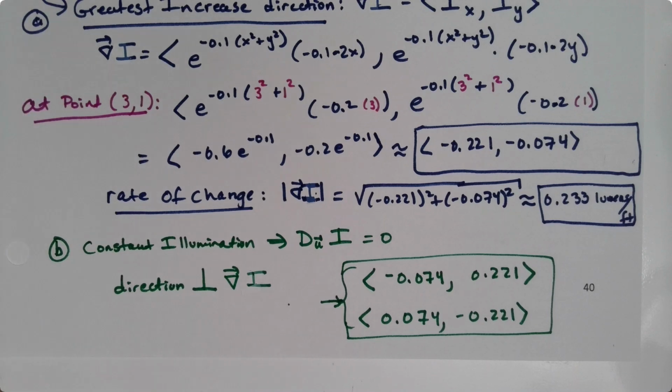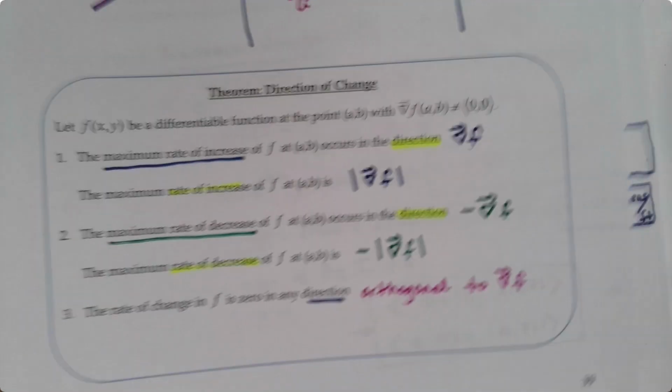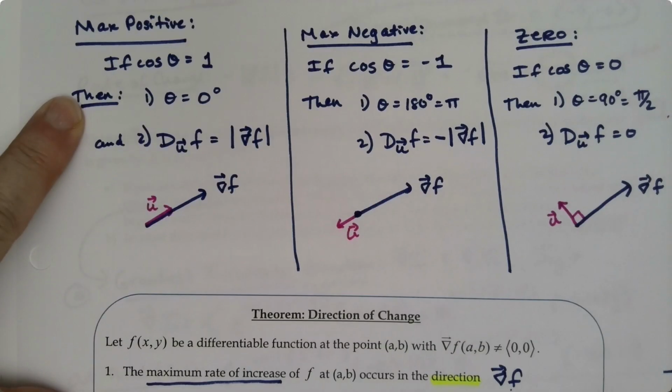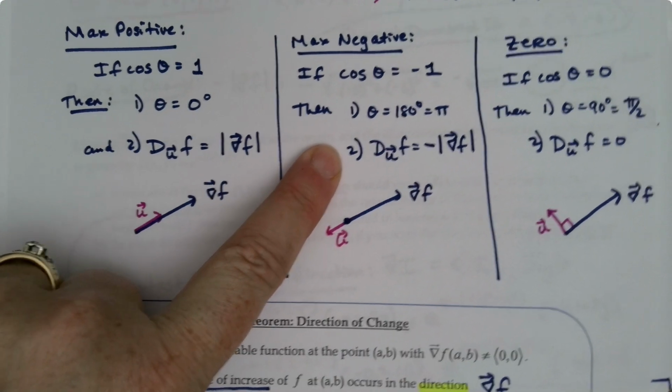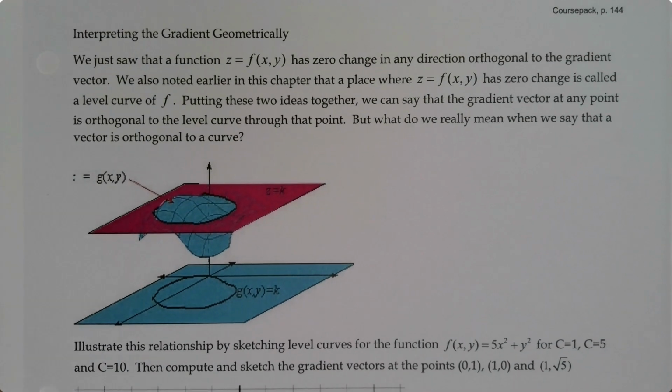All right, so we've seen that the gradient can be interpreted as directions of change, right? So the gradient always points in the direction of the biggest positive change. The negative gradient points in the direction of the biggest negative change. The other way to think about the gradient is geometrically, right? It's pointing in the direction of biggest change.